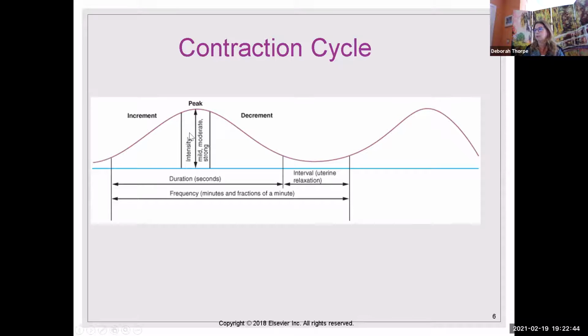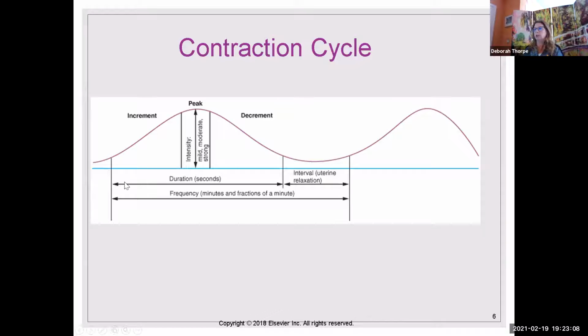If you're looking at a monitor strip, from this point up here is Montevideo units that you would be measuring. So when they say, typically you want to see 240 Montevideo units in a 10-minute time cycle to say, yes, this person is having effective contractions that should be changing her cervix.